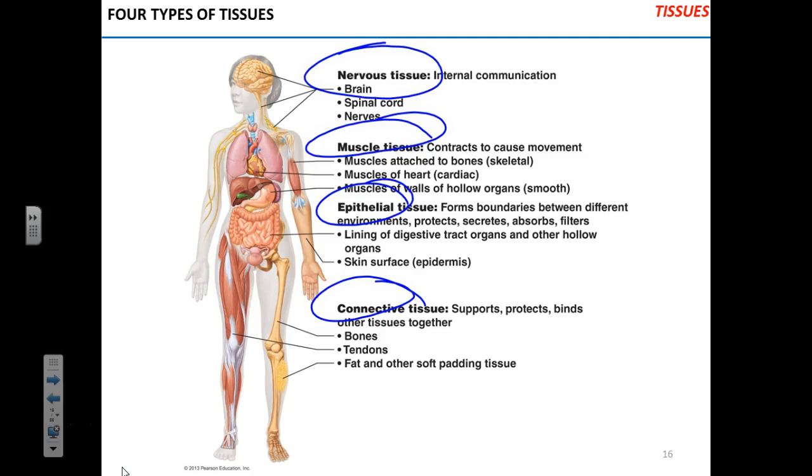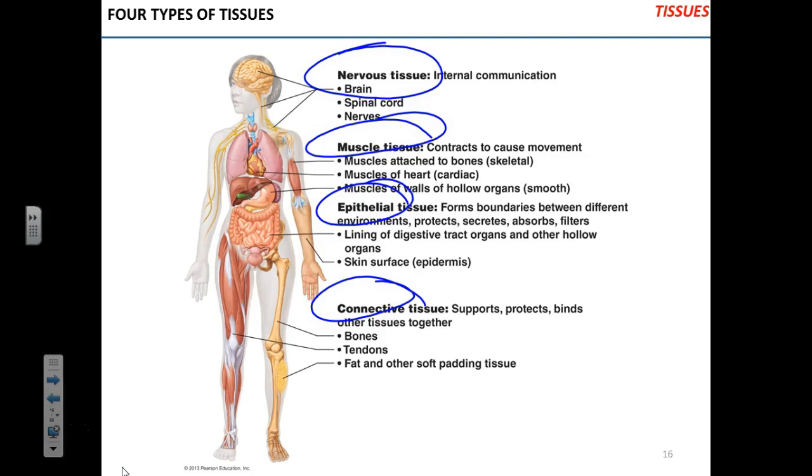What is the function of connective tissue? It's kind of easy to remember. To connect. Perfect. Really, if you think about it, it connects other tissues. It connects parts.